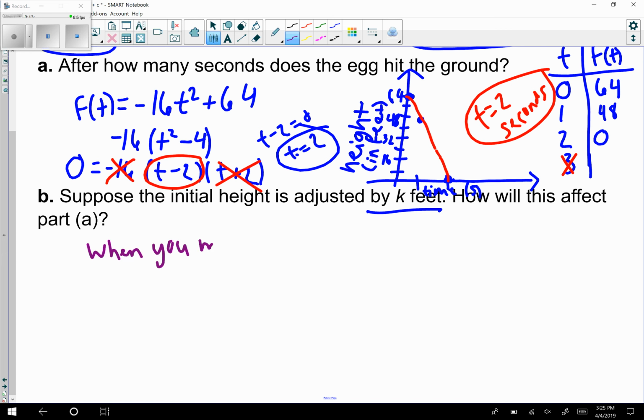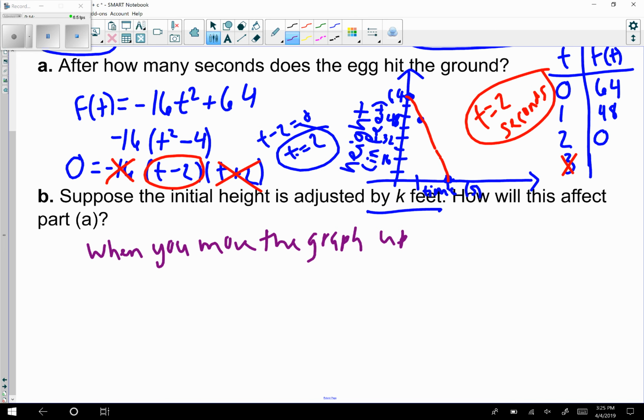When you move the graph up, okay, so we're moving the graph up. Even if I just kind of look at where I'm starting here at 64. If I were to move this graph up to, let's say, even just 70, this time, it's going to take longer for that egg to hit the ground, right?